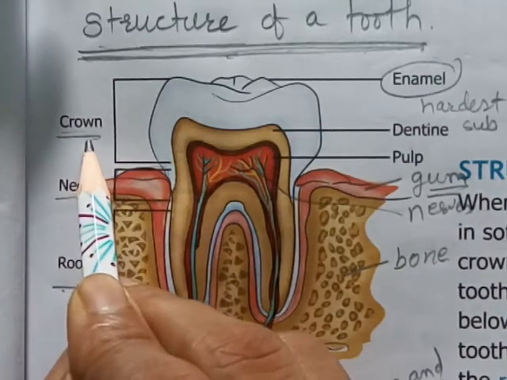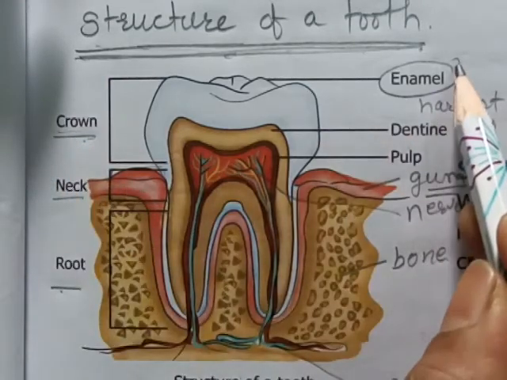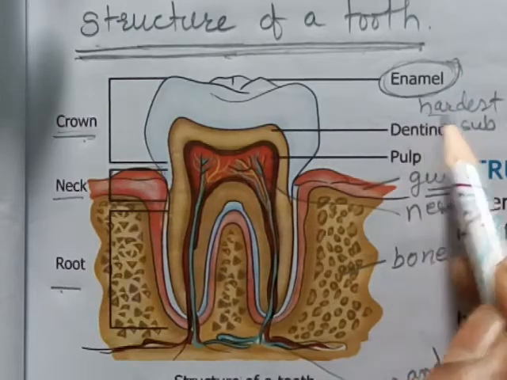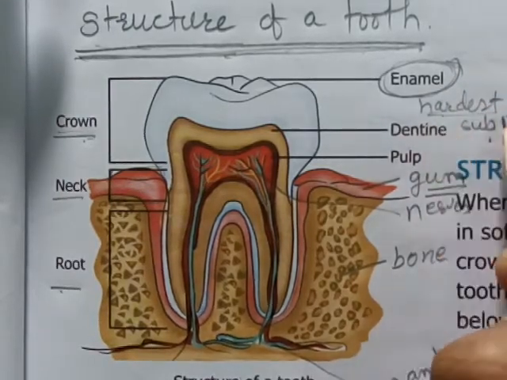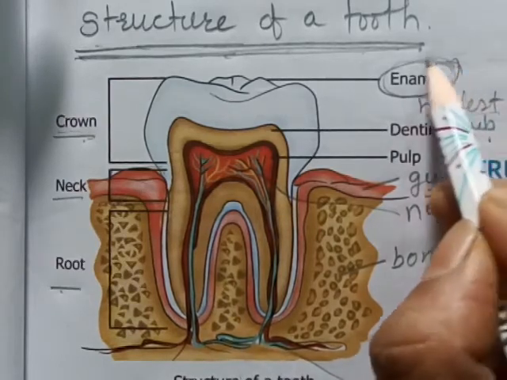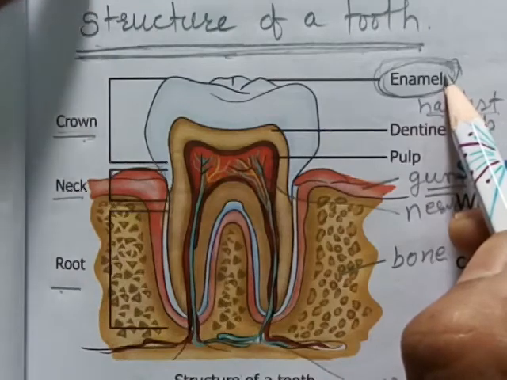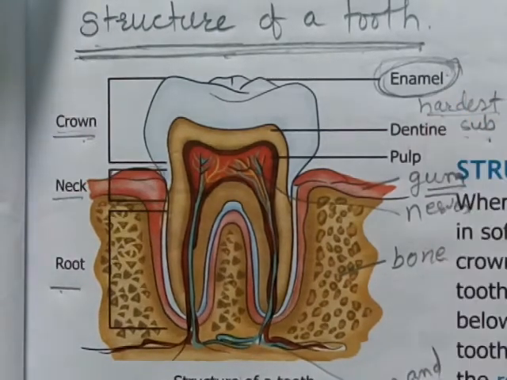Okay, and this crown is covered with enamel. Enamel is the hardest substance in our body. It is very hard and it is white, or you can say yellowish or cream in color.